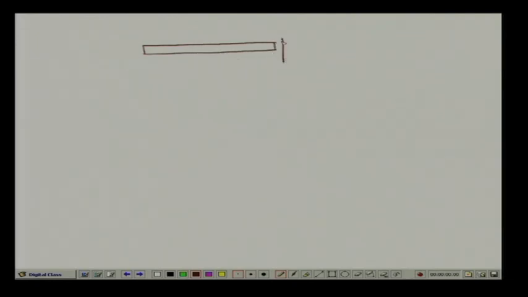So, here again we have the shear force V, the bending moment M, and we have the uniformly distributed load up to a distance of 5 meter, and here we have the reactive force which is 29 kilonewton. So, this is 8 kilonewton per meter, and this is a distance of 5 meter.